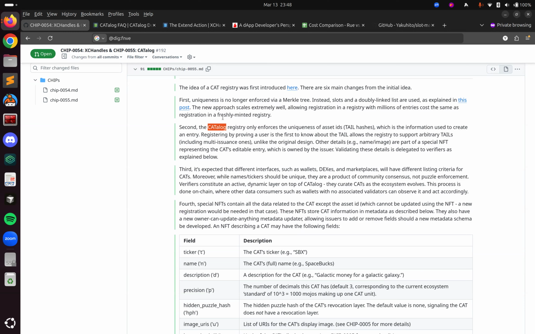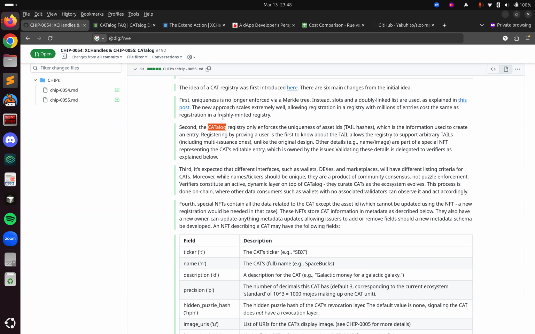So this is a kind of decentralized layer, and then the verifiers are the curators. So here, if someone registers USDC and says it's a meme coin, later Circle comes and wants to issue USDC on Chia, maybe the verifiers decide Circle has a claim to the ticker, even though the meme coin was first.